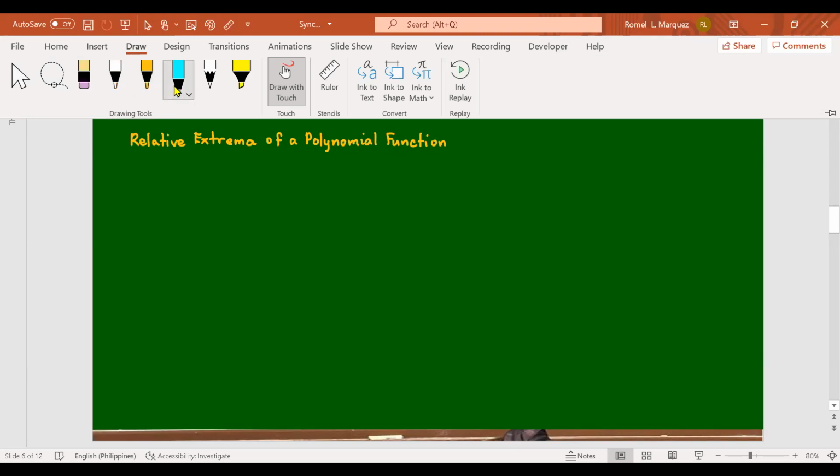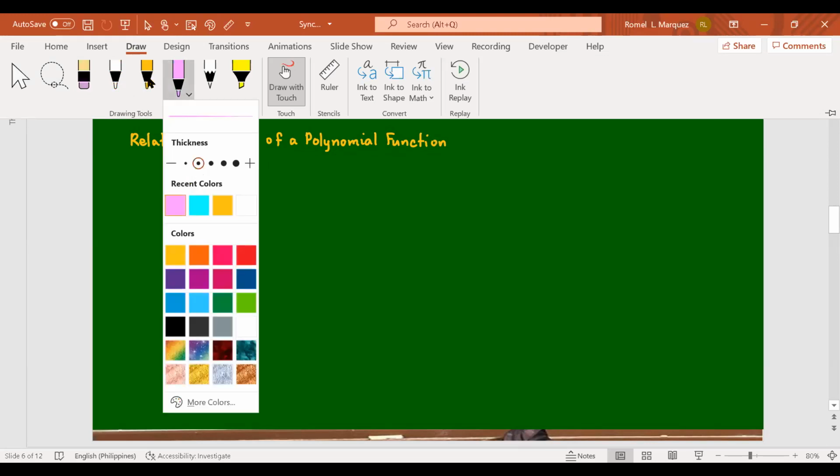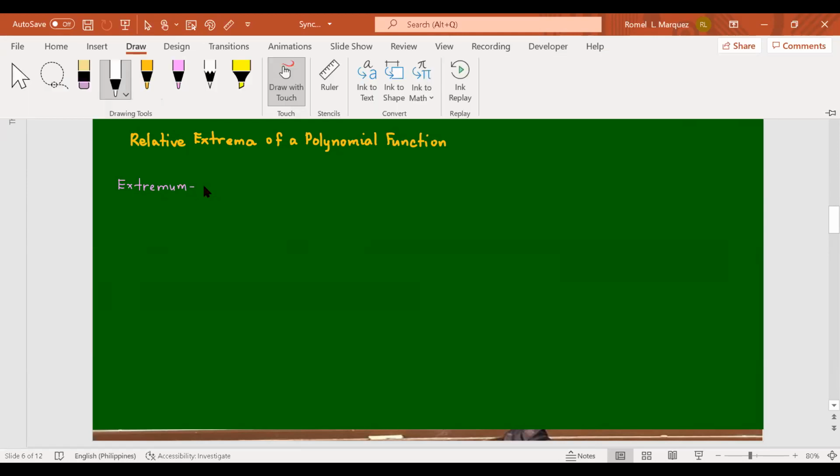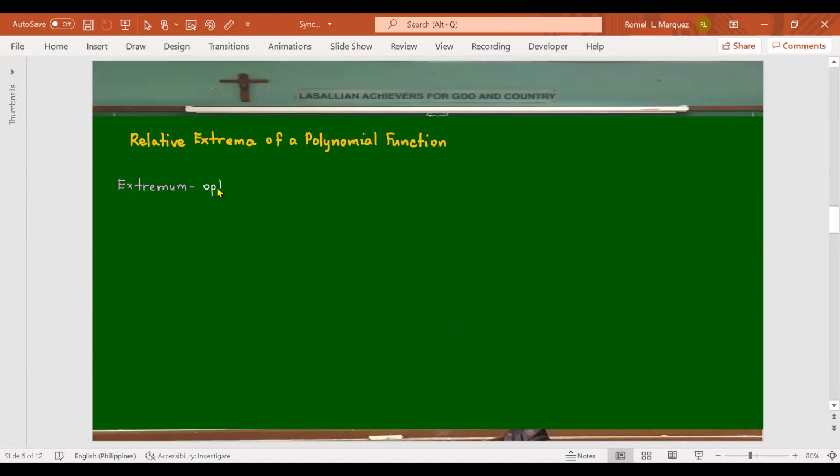Okay? Again, when we say extremum, what does it mean, guys? Highest point, sir? Oo, highest. Or lowest. Meaning, it is optimum. And what does this mean?